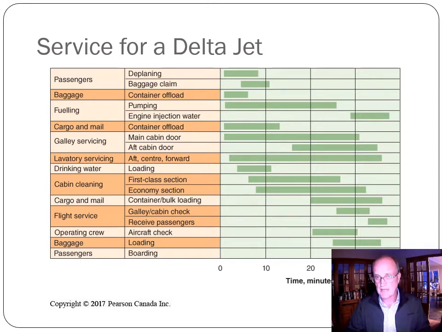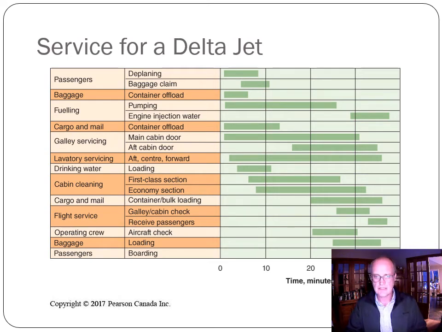Baggage claim for passengers can't happen right at the beginning because we haven't unloaded those things. So you can see here, within the context of a Gantt chart, the relationships between different tasks.